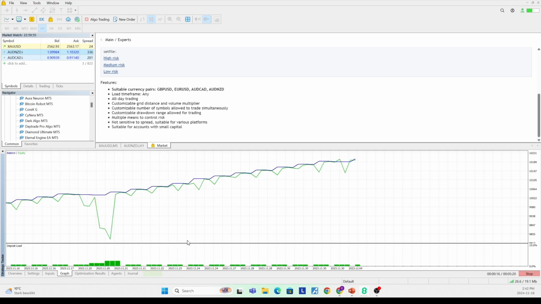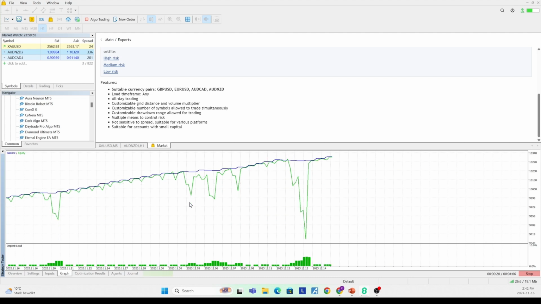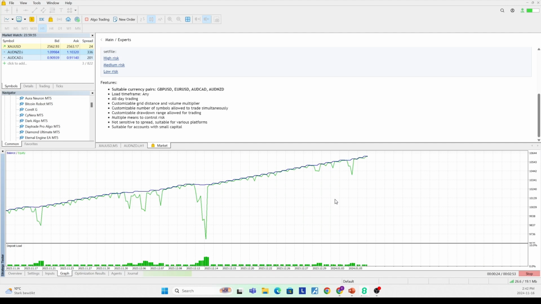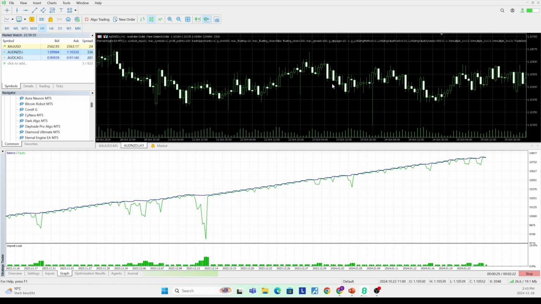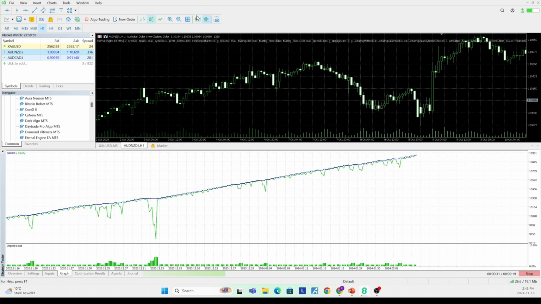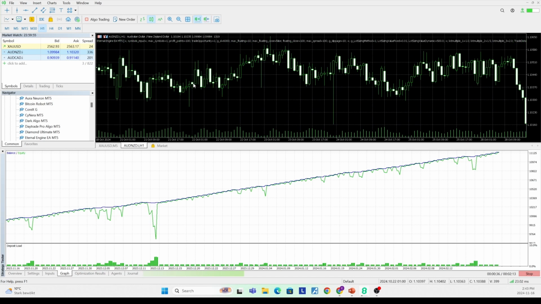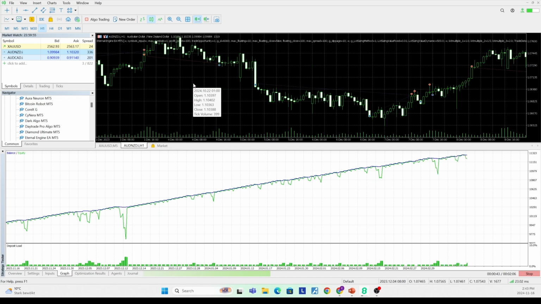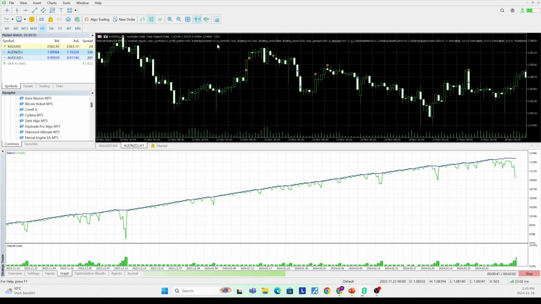But we can pop back over here to the Aussie dollar, Canadian dollar backtest. And yes, you can see that these dips in equity are very characteristic of how the system would typically work. And let me go back to the Aussie dollar, New Zealand dollar of our previous backtest, just to see how it would look when actually running. Let's just pick a random date, and perfect. So yes, clearly this is a grid martingale system.